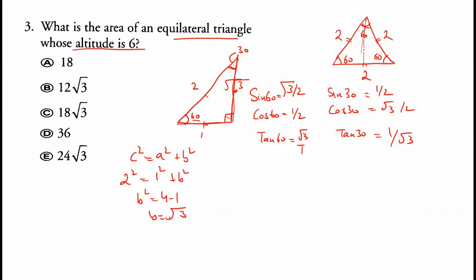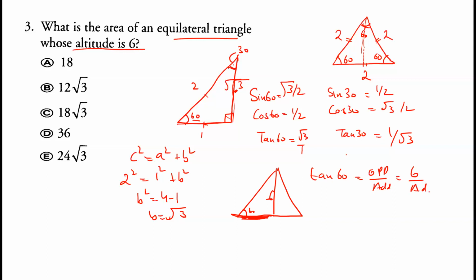Now as we know, the altitude is 6. So this is your altitude, this is your 6, and this is your 60 degrees. I want to find out this side, the base. So tan 60 will be equal to opposite upon adjacent. So opposite is 6, and adjacent is what we need to find out.